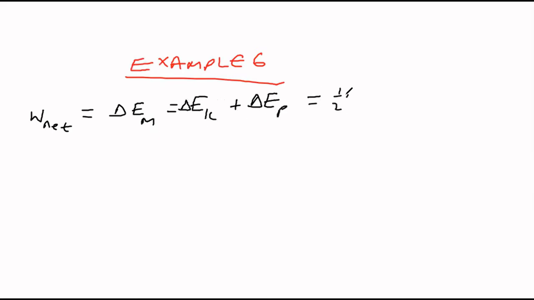This is the same as half mv final squared minus half mv initial squared plus mgh final minus mgh initial.